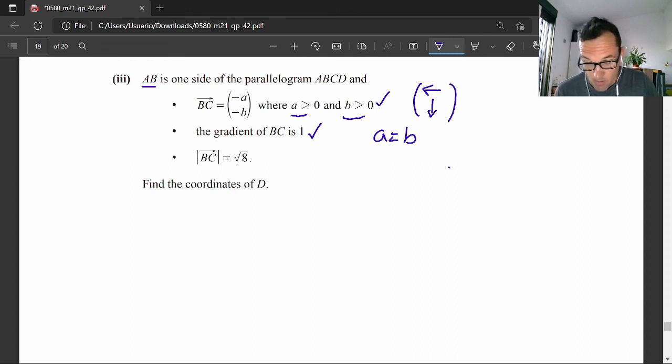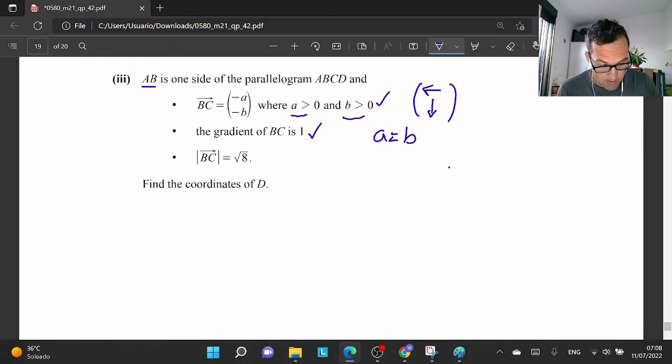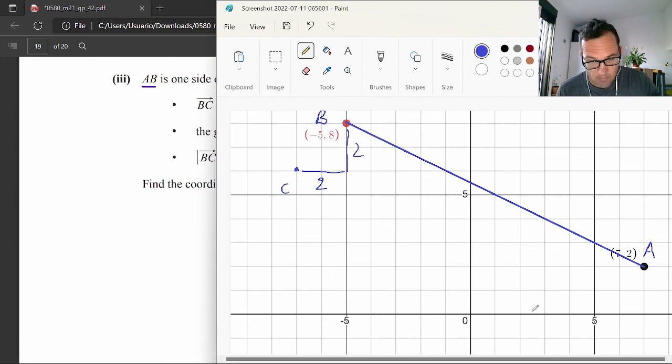So what does that mean? Let's have a look. Whatever C is, let's just guess for now if you don't know what C is. If C is there, it means the length of this line is square root 8. And remember, because the gradient is 1, these two values are the same.